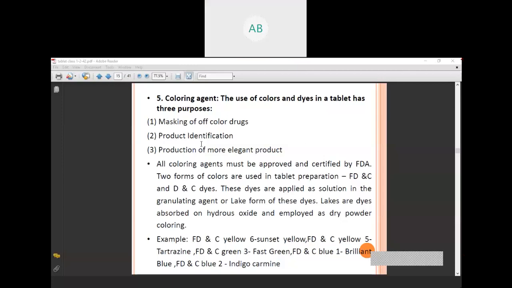So when we are taking chemicals, they should be food grade. How can you identify whether this product is food grade or not? Food grade means we can take it orally, we can consume it. It will be certified by the FDA, Food and Drug Administration.